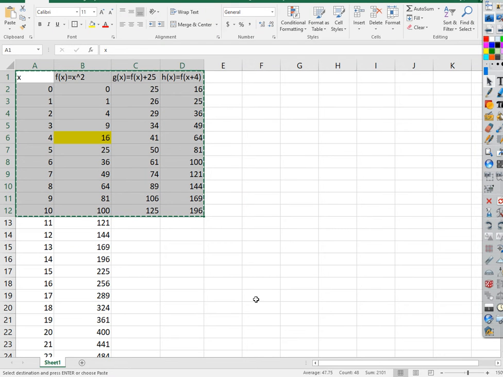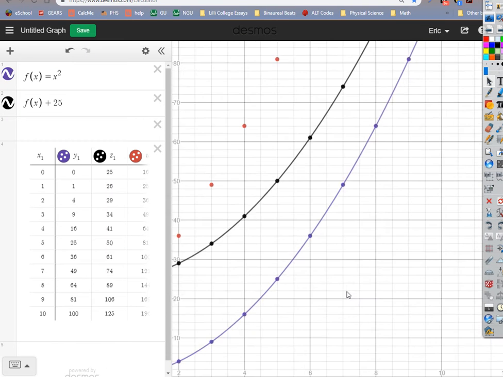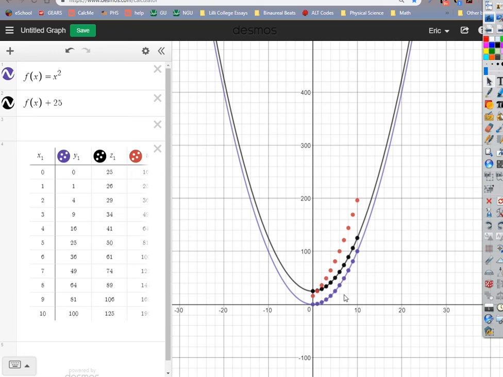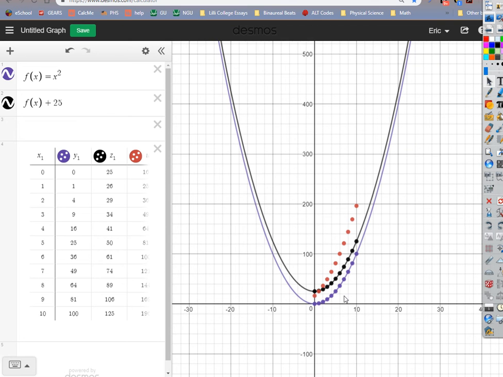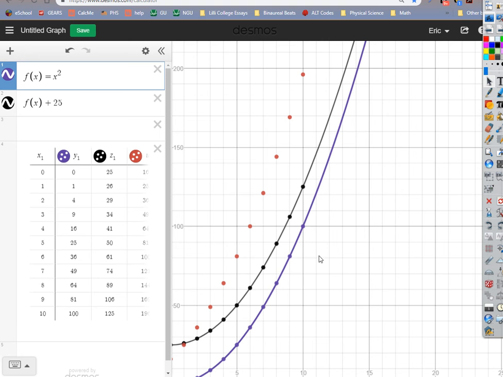Looks like, hang on, I must have done something wrong. Let's go back to Excel. Oh no, okay, here's why. It just looks that way because the graph isn't very big. If I pan out, you can see that it's kind of getting a little curvier. What could we do to maybe see all the curvature though?